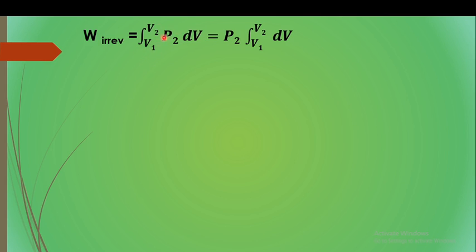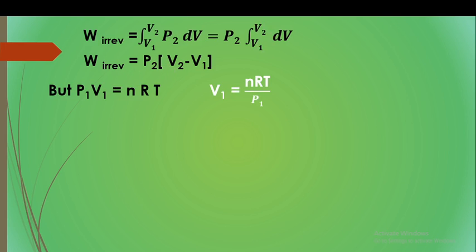Therefore, P2 is a constant, so W is P2 into the integral from V1 to V2 of dV. The integration of dV is V, so putting the upper limit minus the lower limit, we get P2 into bracket V2 minus V1.